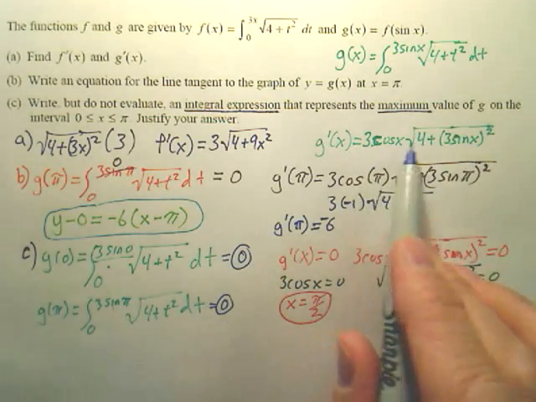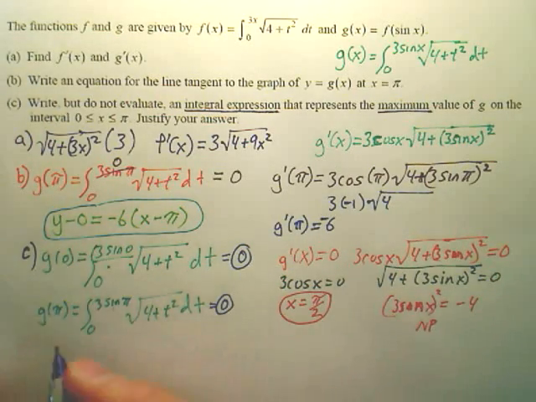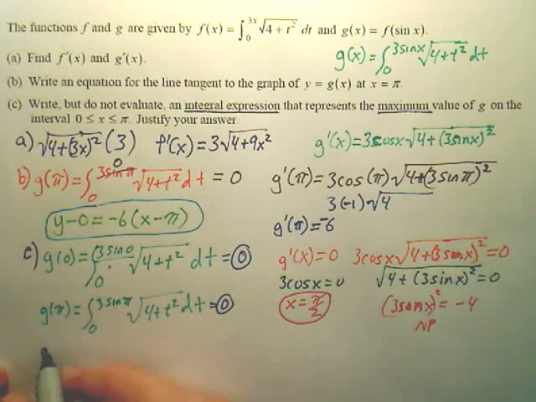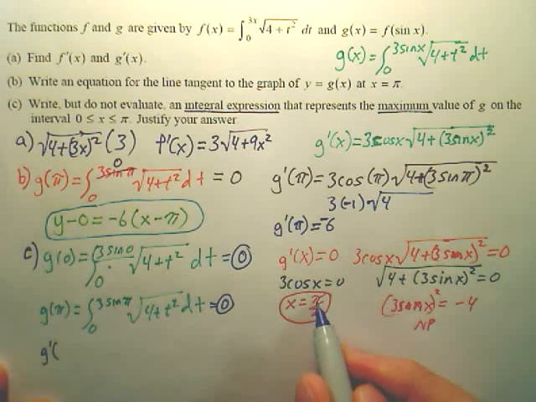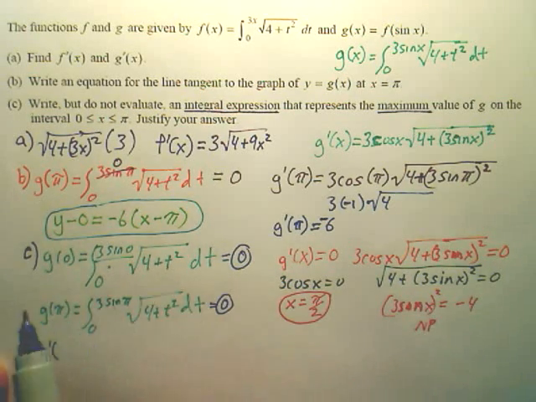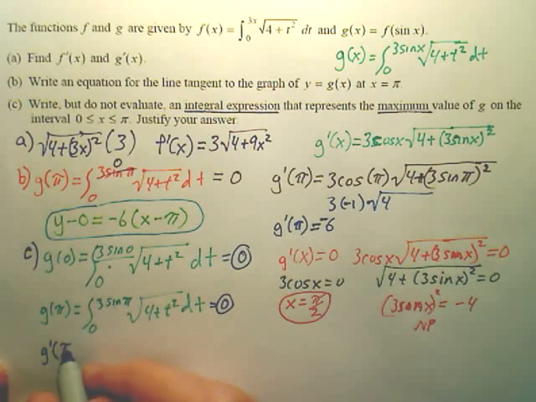So let's do g prime. What would be on the left side of pi over 2? Maybe pi over 4, because it would be between 0 and pi over 2. And then we also maybe want to try 3 pi over 4.